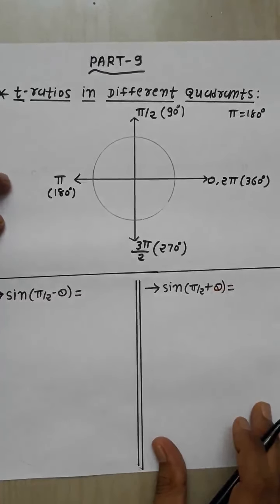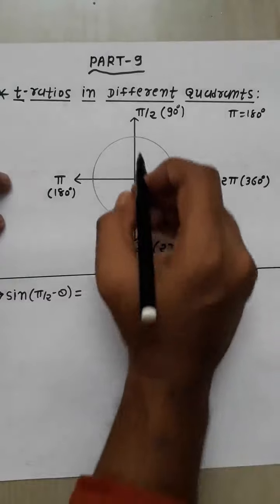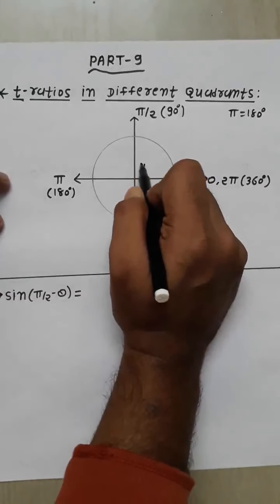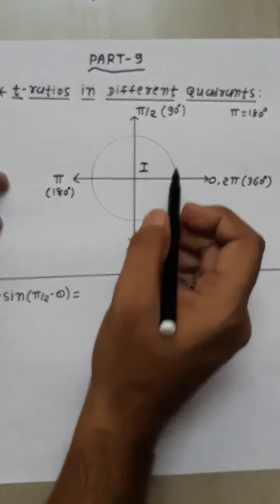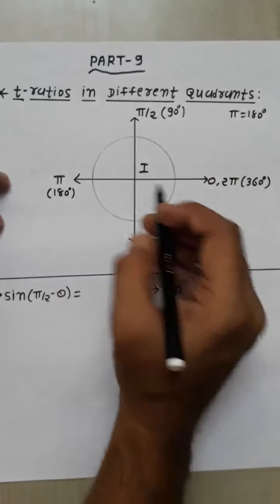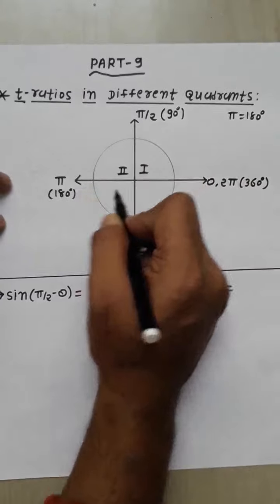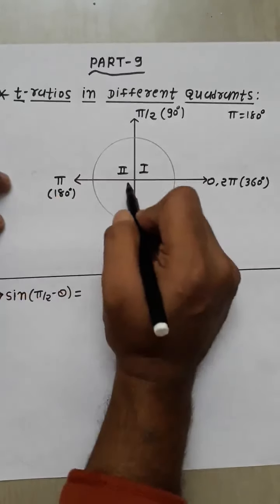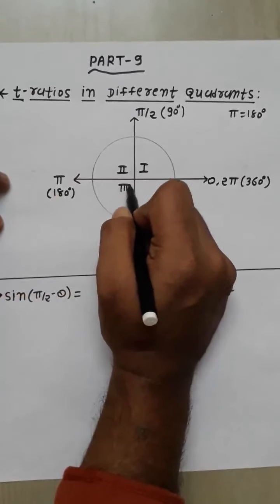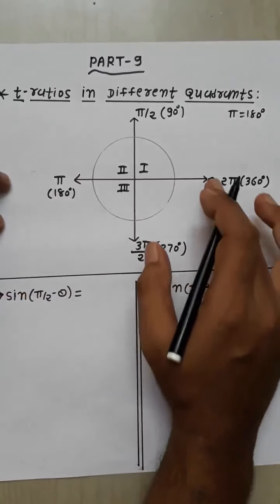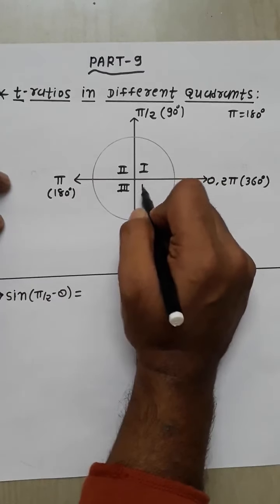Okay. Now the quadrant is divided into 4 parts. The first one is the first quadrant, moving anti-clockwise we get the second quadrant. Now pi to 3 pi by 2 means the third quadrant, and 3 pi by 2 to 2 pi means the fourth quadrant.